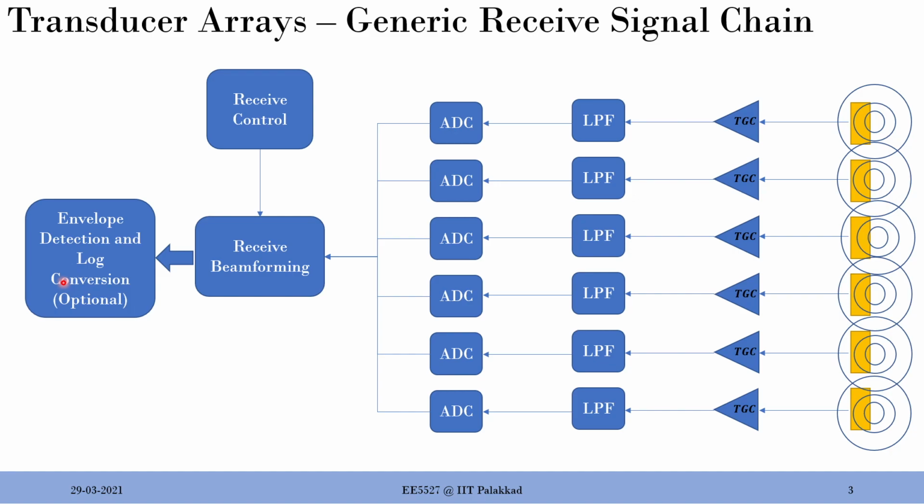So what happens is, if I display the envelope, or even if I directly display the RF data, it will be dominated by the reflections from bone. The smaller reflections will appear very dark, the image appears very dark. So you want to avoid that. You want to reduce the dynamic range, compress the higher reflections and enhance the lower reflections. So you do a log conversion.